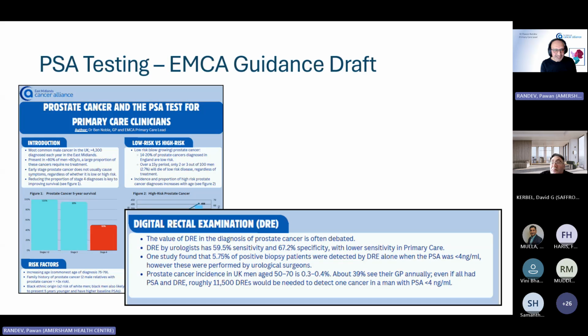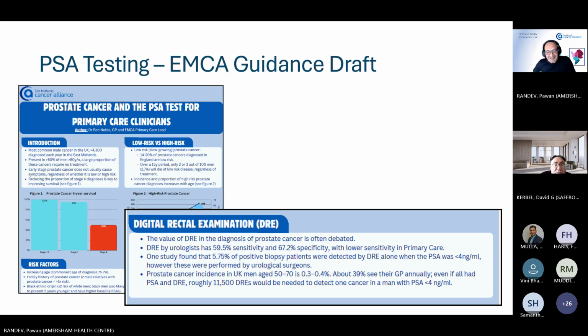And this has been put together by Ben, who's now become almost a national authority on primary care and the PSA test. But I took out from his document one thing that often vexes us as GPs, and that is the value of doing a digital rectal examination.